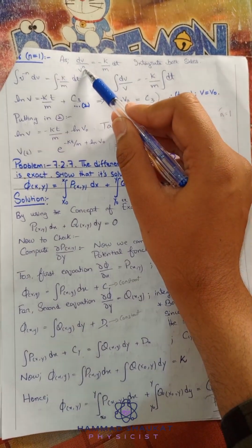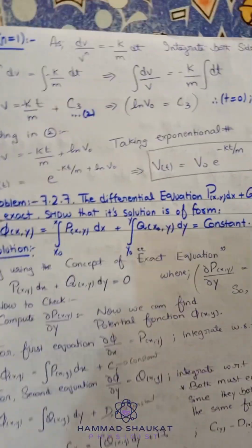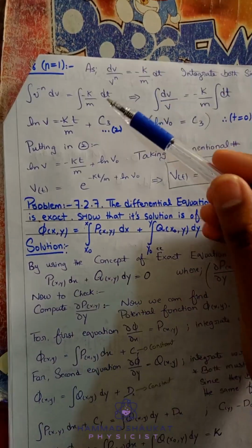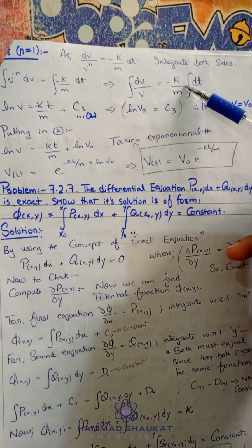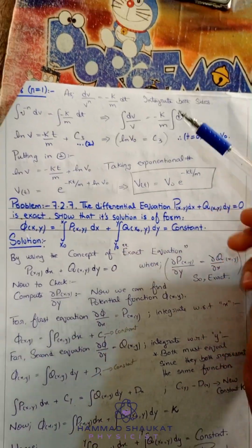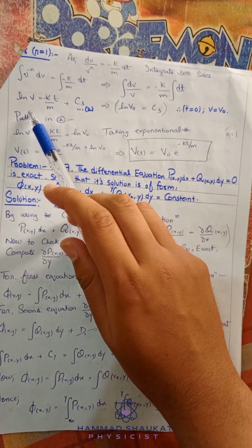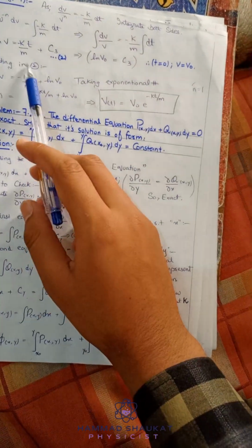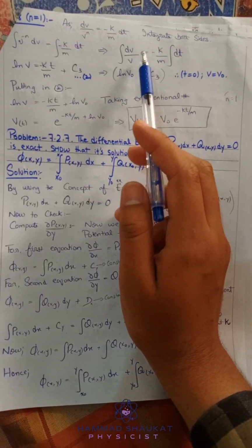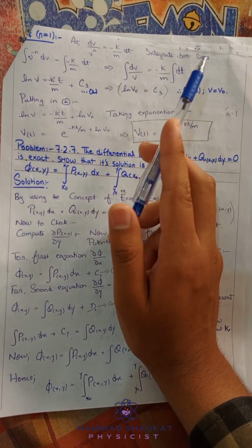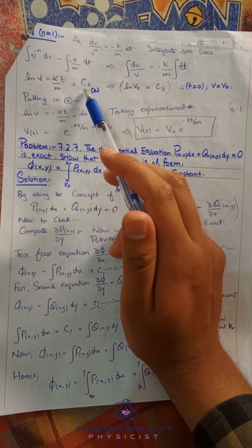So when n becomes equal to 1, it becomes dv/v = -k/m dt. So if you take n equals 1, this is the procedure. This becomes ln of v = -k/m times the integration of dt, which becomes t, plus the constant of integration.